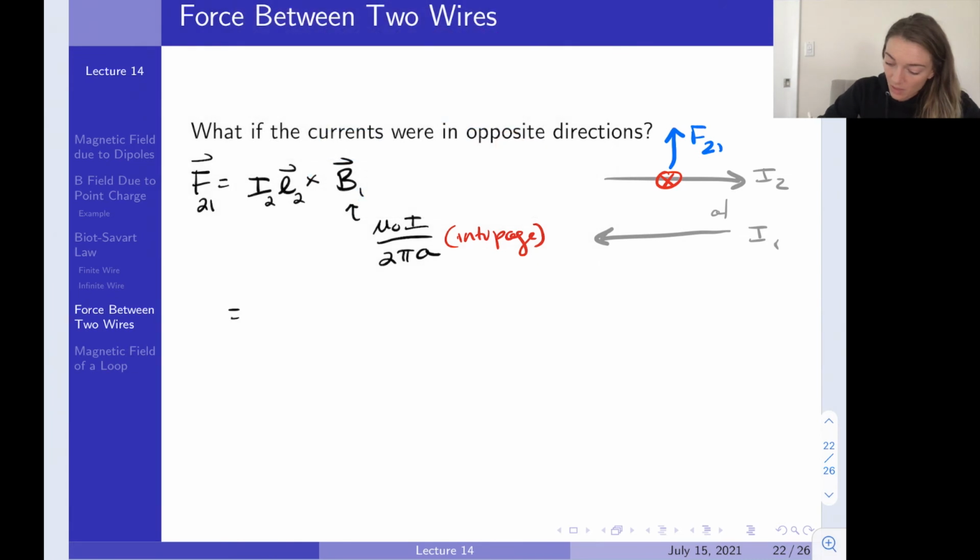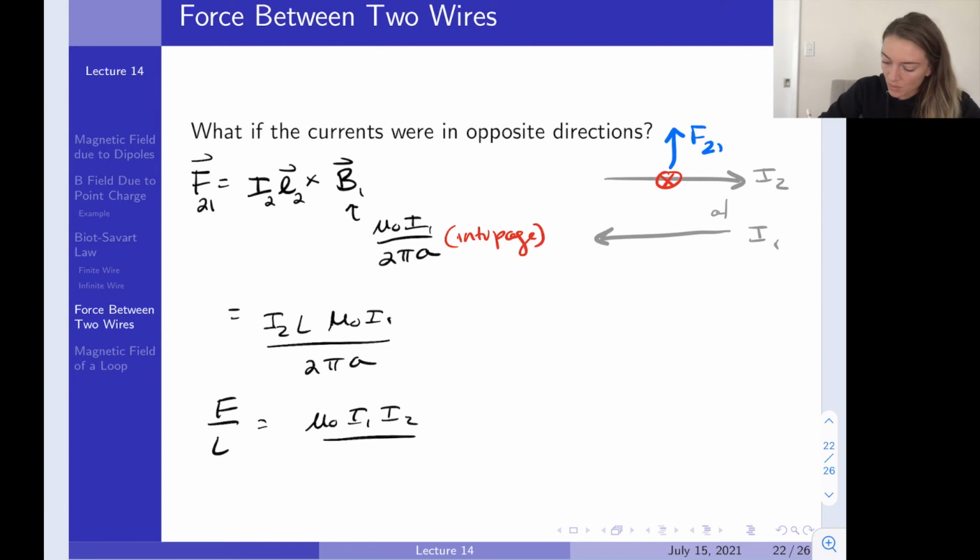So if I rewrite all of this out, I have I2 times some length, mu naught I1, and then I have 2 pi a. I can rewrite just the force per unit length, and that's going to be mu naught I1 I2 over 2 pi a, and that's upward on the second wire here.